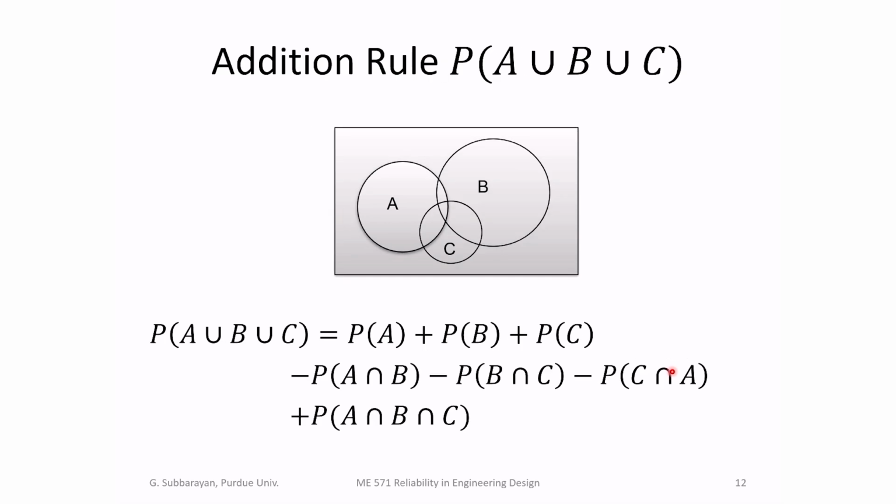And you can extend this addition rule to a larger number of events, A, B, C, D, etc. It's more complicated, but you can reason through the formula purely geometrically using the Venn diagram. So probability of A or B or C occurring. Let's say A, B, C are 3 events.